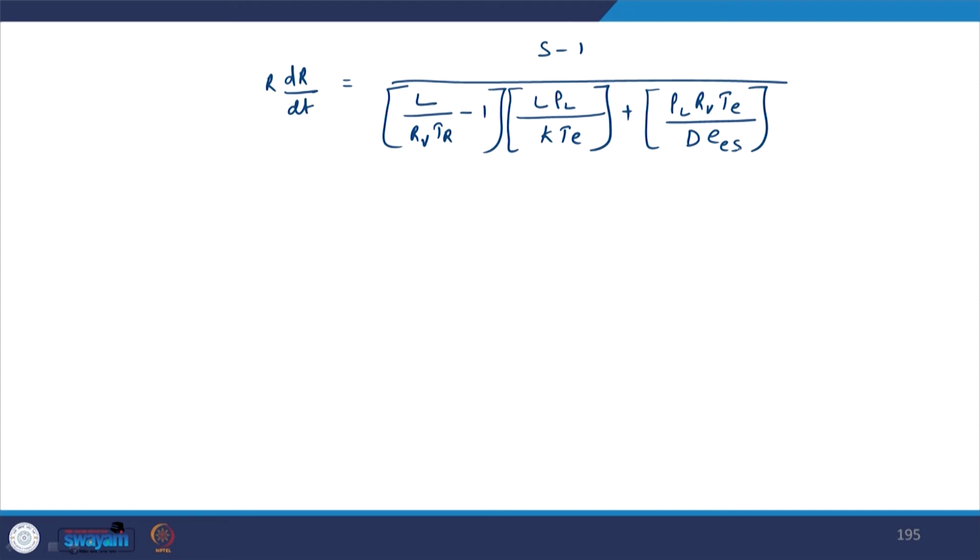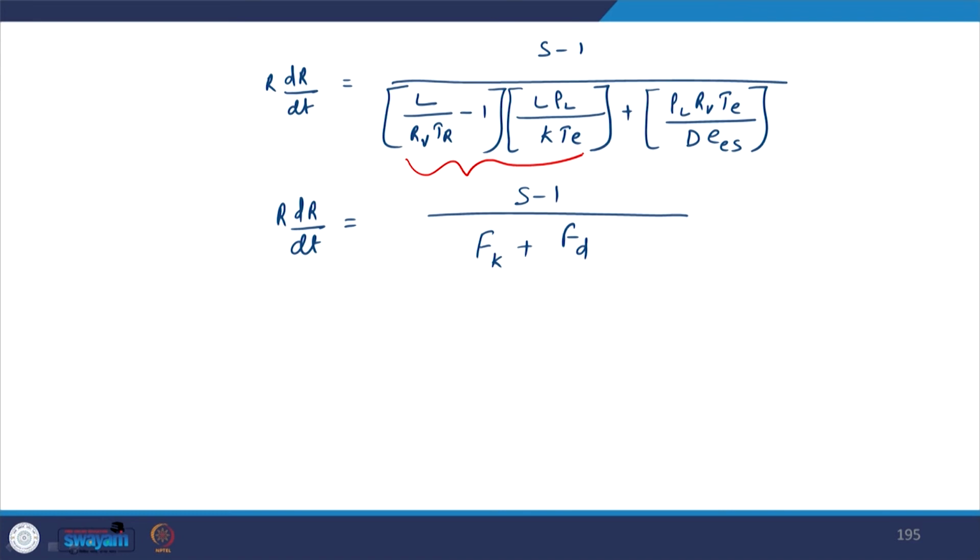So, in simple terms we are going to call it dr by dt is S minus 1 divided by Fk plus Fd. So, what is this Fk? This is just a notation. So, this entire term is Fk and this term is Fd, right. Why are we calling it Fk?